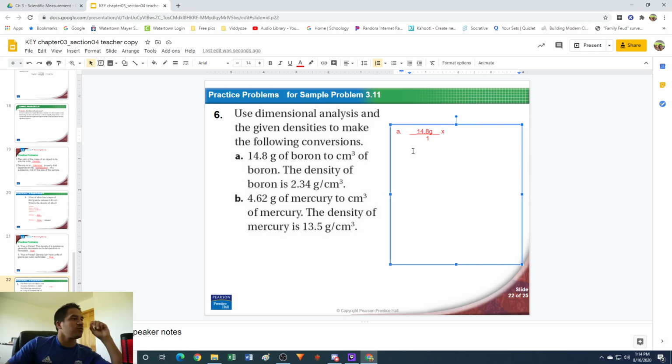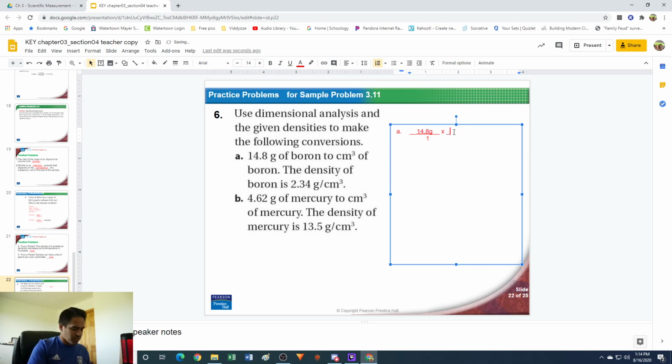So we're going to be converting from grams to cubic centimeters. Since we're starting with 14.8 grams on the top of our fraction, when we use our density as our conversion factor, we need to flip it so that the 2.34 grams, rather than being on the top, is going to be on the bottom.